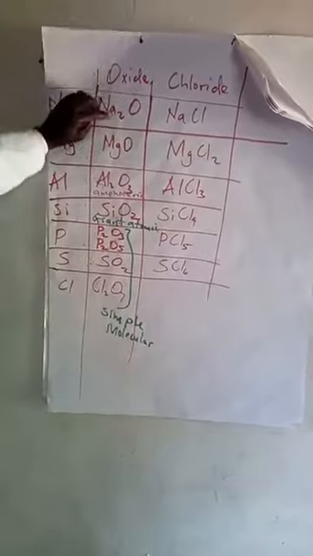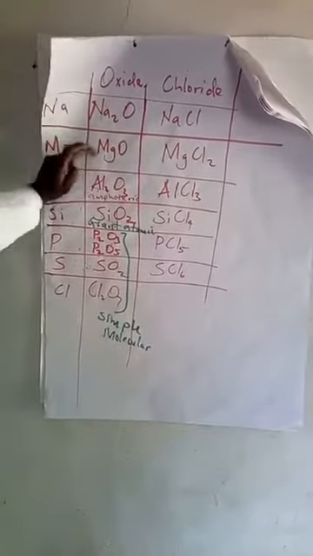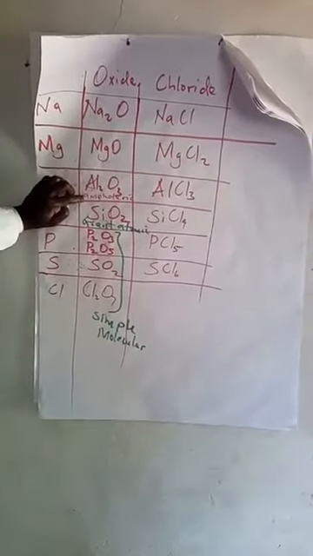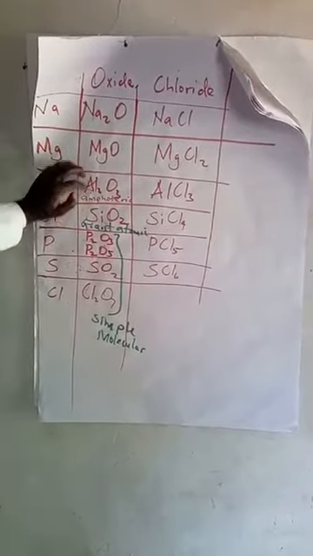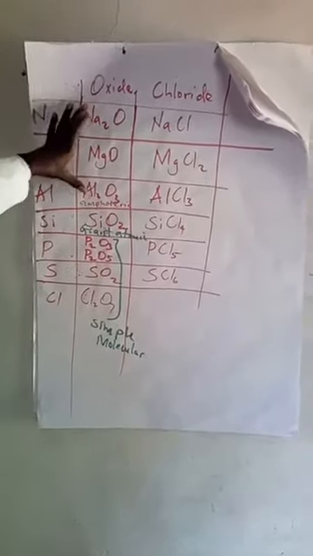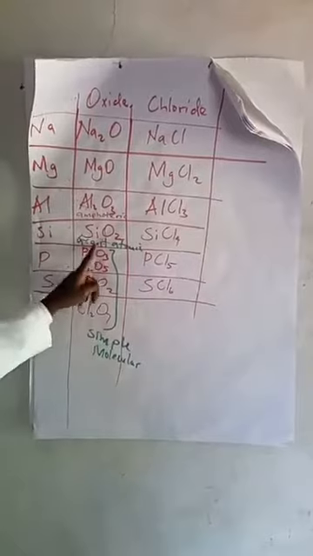That is the structure and the bonding of oxides. Again, sodium, magnesium, and aluminium oxides are ionic compounds. They form giant ionic structures.